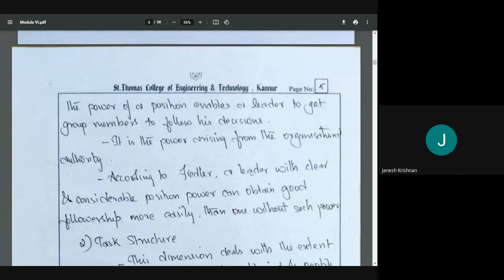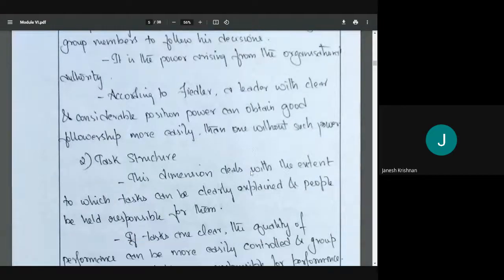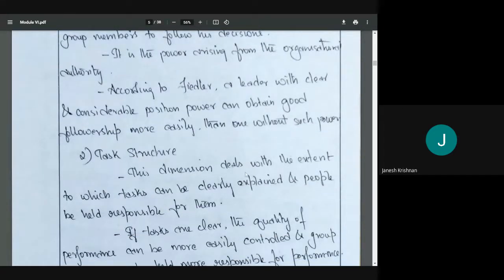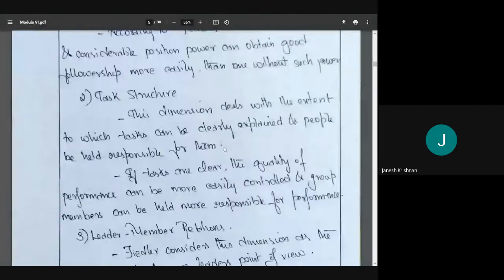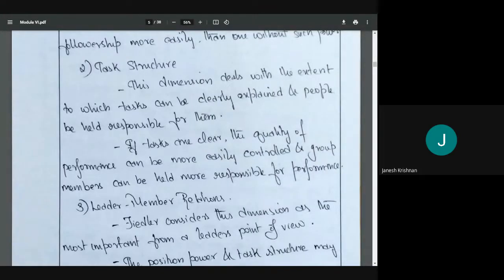The next one was task structure. What is task structure? The second dimension deals with the extent to which tasks can be clearly explained, so that we can hold people responsible.